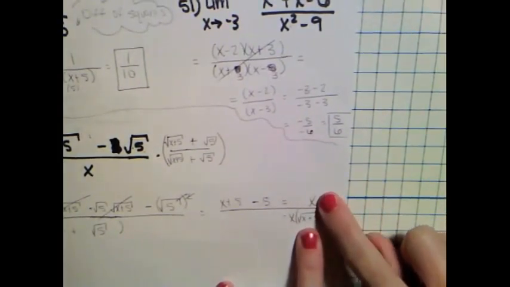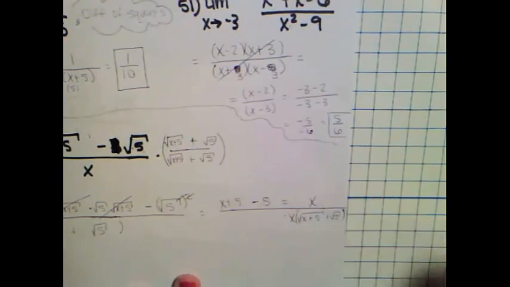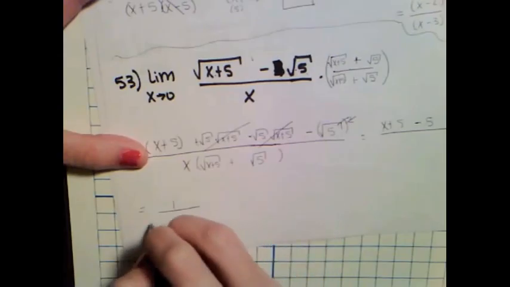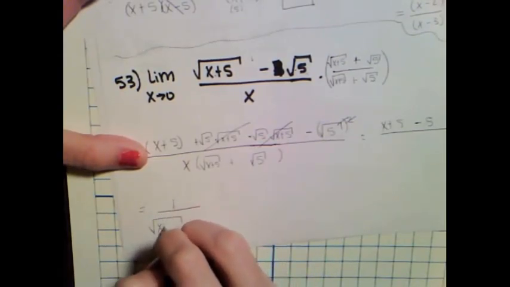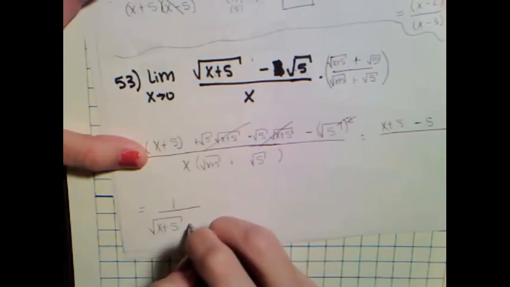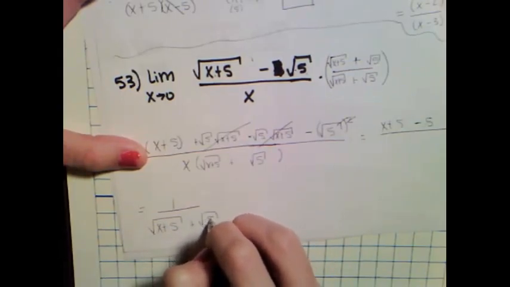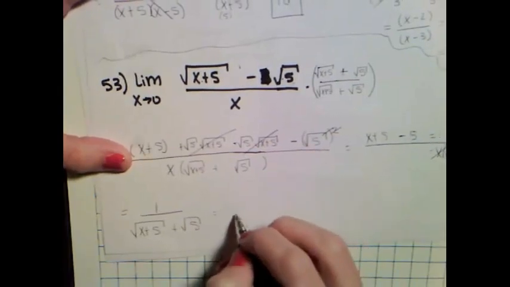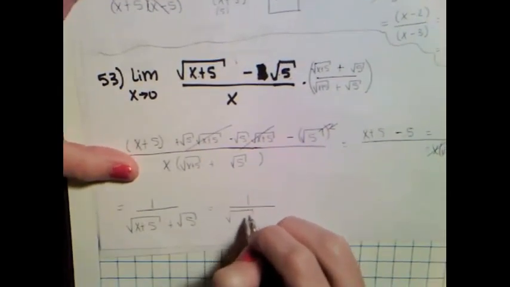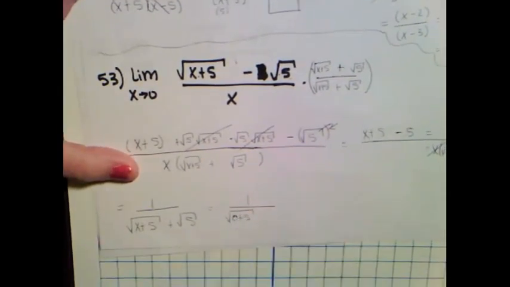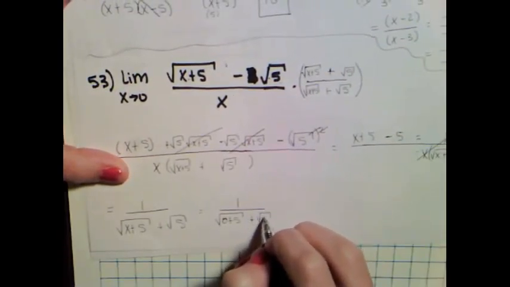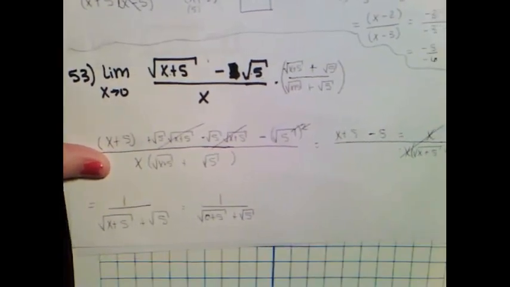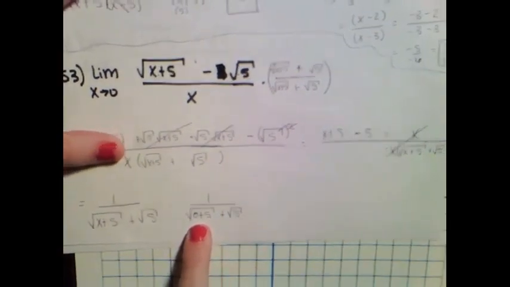We've got the common x on top and bottom that divides out, 1 over square root of x plus 5 plus square root of 5, which when we plug in, we've got square root of 0 plus 5 plus the square root of 5. All I did was plug 0 in for x.